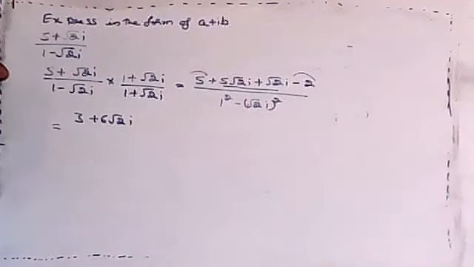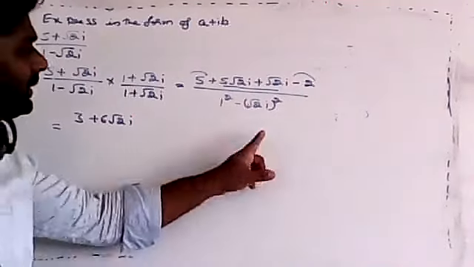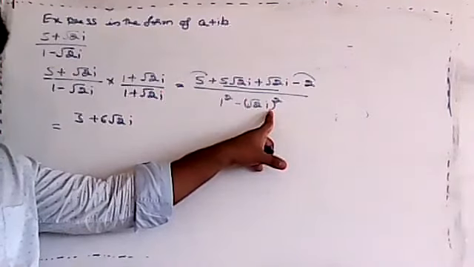1 plus I it is. Just check that one. Okay, you are telling the denominator. No, here I square I'm doing, no?